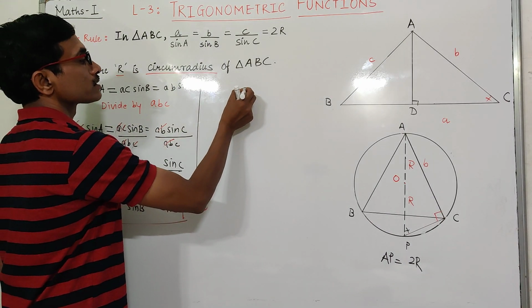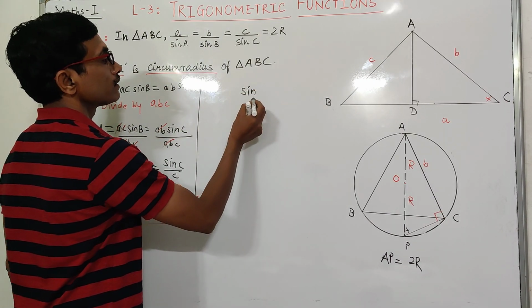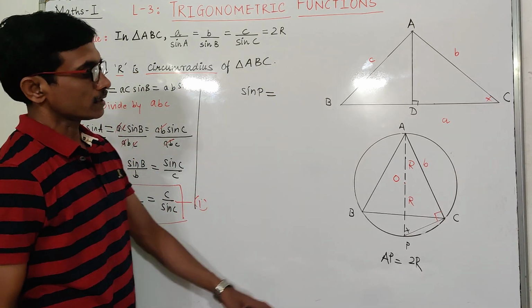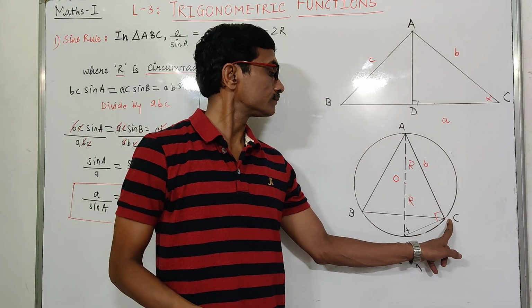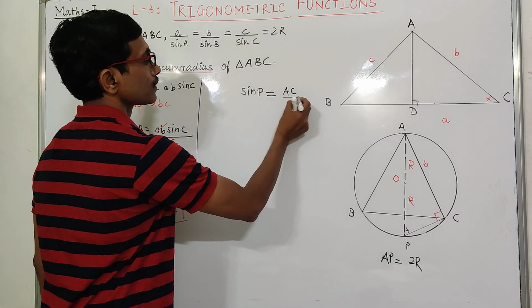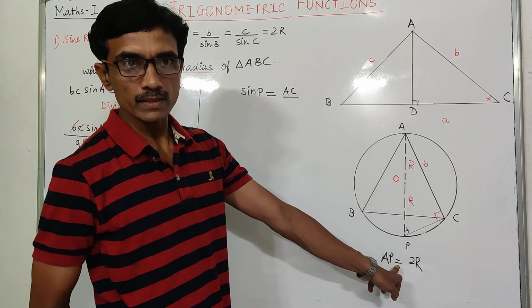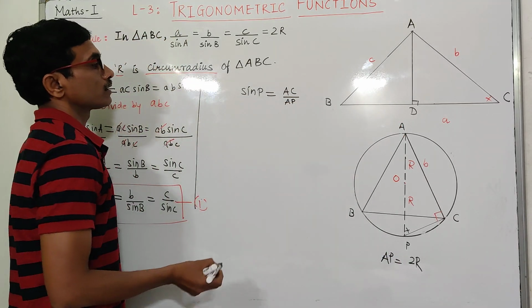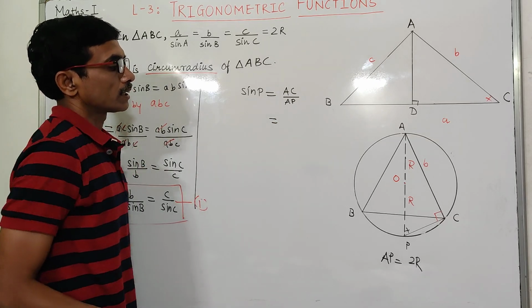Therefore we can write sine of angle P is equal to the opposite side, which is AC, upon the hypotenuse. What is the hypotenuse? AP is the hypotenuse. But AC is what?